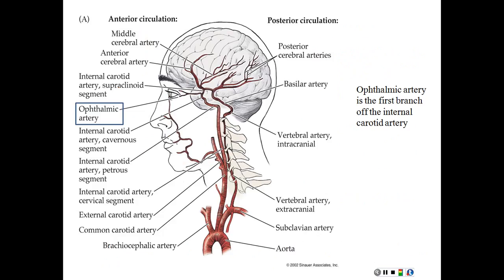I provide you with this schematic to remind you again that these postganglionic sympathetic axons travel along the internal carotid, then along the first branch off that, the ophthalmic, to reach the eye. So don't think that these really important sympathetic fibers are traveling superficially along facial to get to the eye.